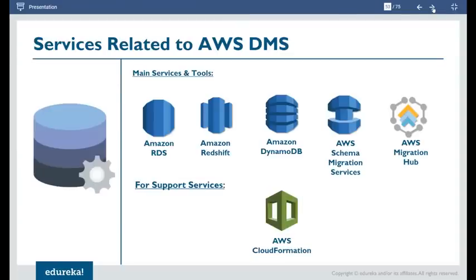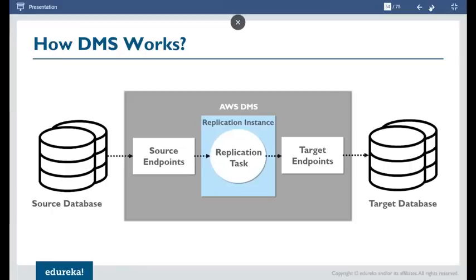So the main services: Amazon RDS, Redshift, DynamoDB, Database Migration Service, AWS Migration Hub, and CloudFormation to support. How does this work? From source database to target database, you will have a source endpoint, a target endpoint, and a replication task, which will be taken care of by DMS.